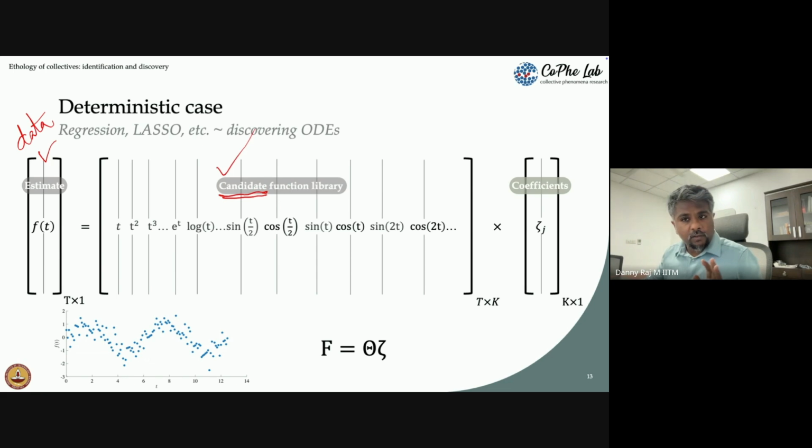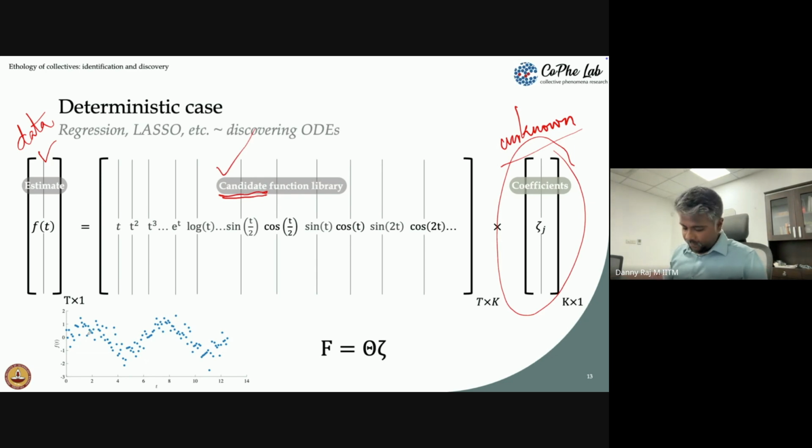So that is also known. What you don't know is this. This is the unknown. The whole idea is to find what this is. For our data, which I've already told you is a sin t, what should this be?